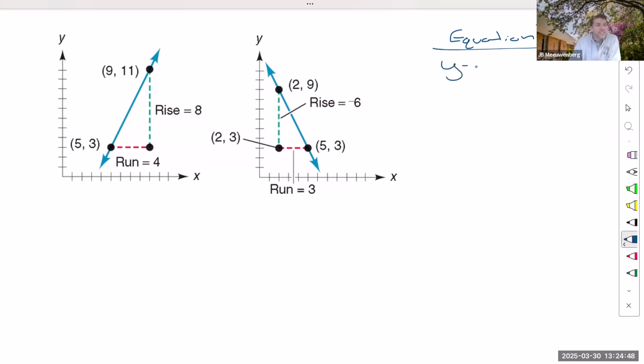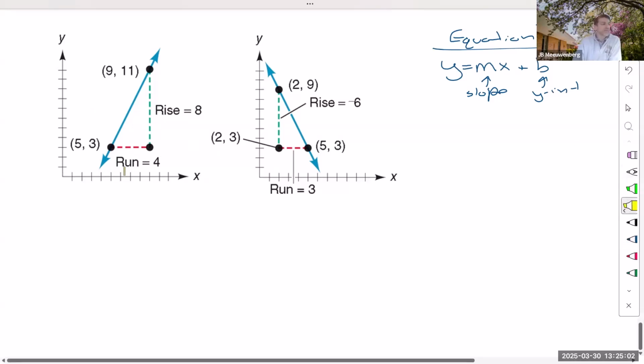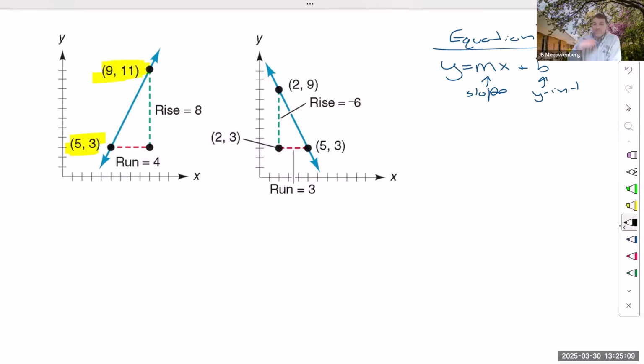Remember, we're going to put these in the form y equals mx plus b, where m is the slope and b is the y-intercept. So if you look at this first graph here, what were we given? We were given a point here and a point here. And remember, we don't even need to see the graph to figure out what the slope is.